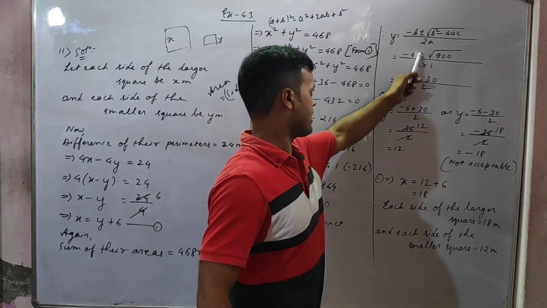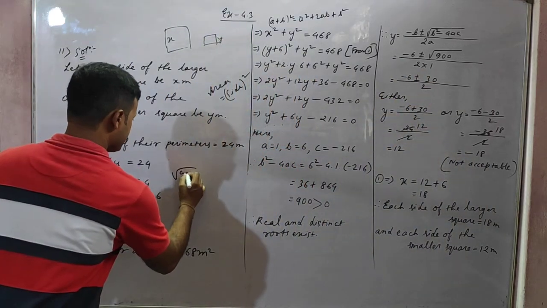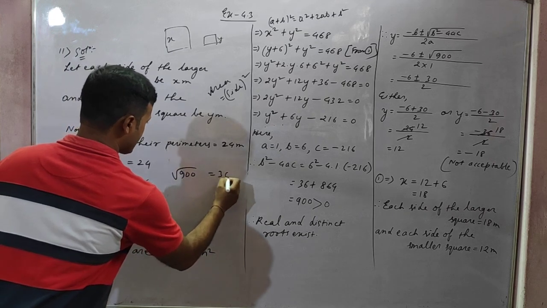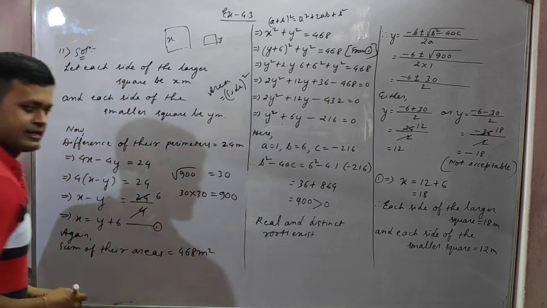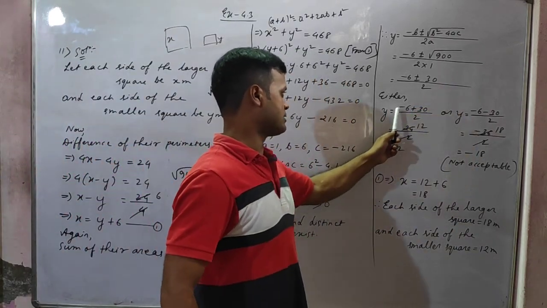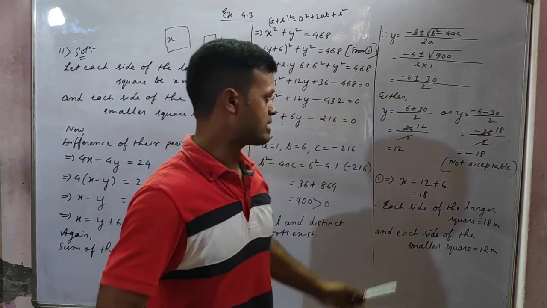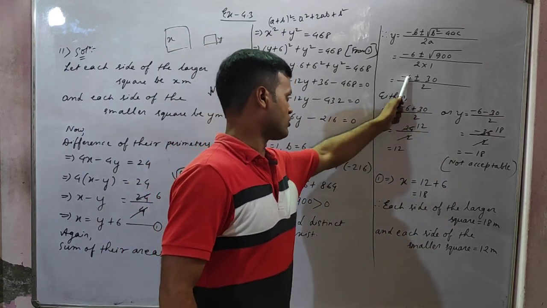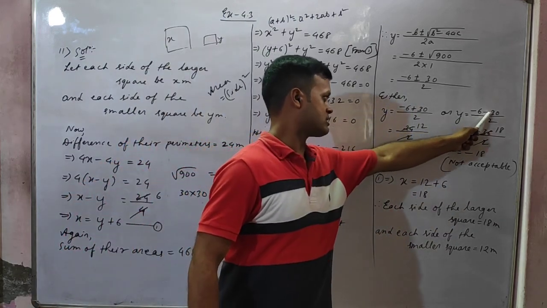So minus 6 plus minus root over 900 is how much? Root over 900 is equal to 30. Why? Because 30 into 30 is how much? 900, isn't it? So root over 900 means 30. So now either y is equal to minus 6 plus 30 by 2, once I will take plus, or y is equal to minus 6 minus 30 by 2.